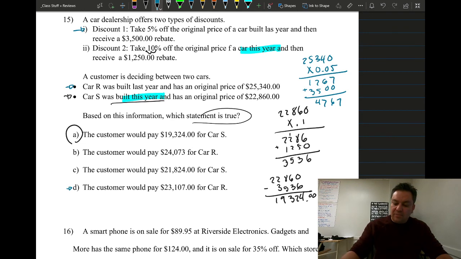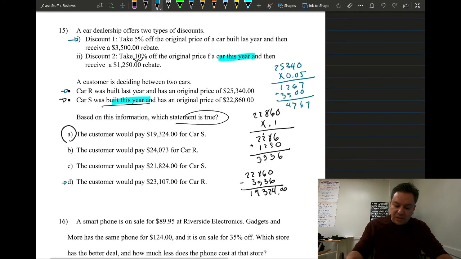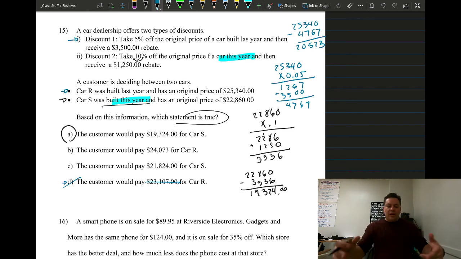To find the final price after the discounts, all you have to do is subtract 25,340 minus 4,767. When you do that, you get 20,573, which is not what they have in here. So that's the way. Luckily for us, the first answer was the correct answer.